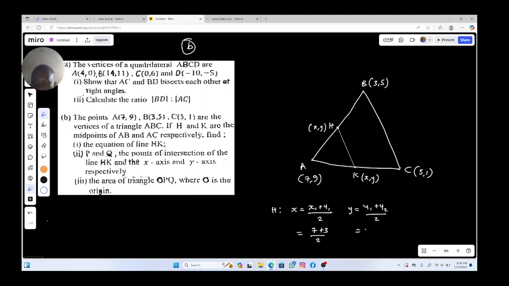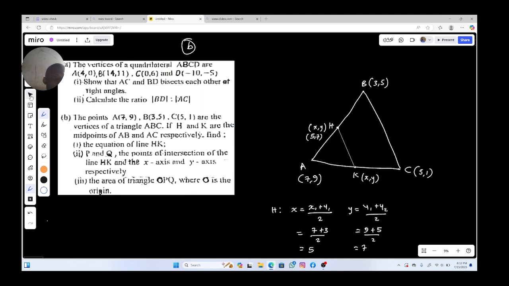So for the second one, I'm going to have 9 plus 5 divided by 2. So 7 plus 3 is 10, 10 divided by 2 is 5. Then 9 plus 5 is 14, 14 divided by 2 is 7. So the coordinates of H will be 5 and then 7. So we've calculated it out.